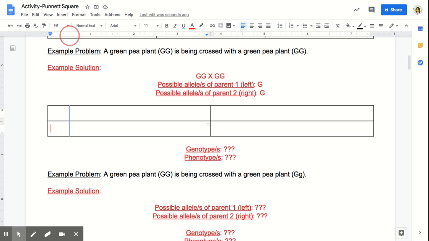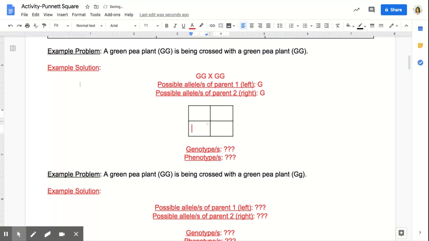So we're going to make it smaller. This one is not necessary, so we're just going to put black on that. All right. So this is where you put parent 1, and this is where you put parent 2. Parent 1 goes here, parent 2 goes here.